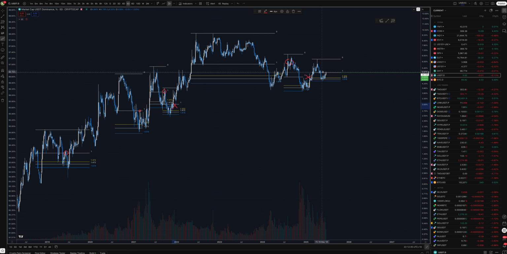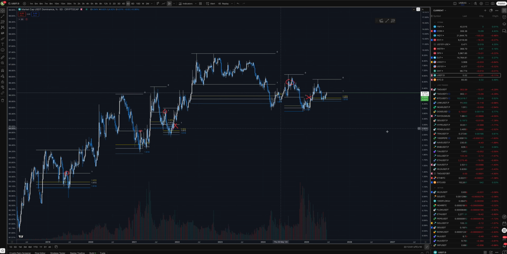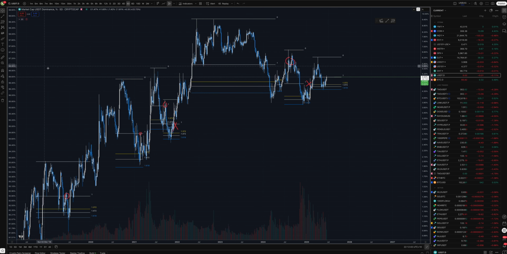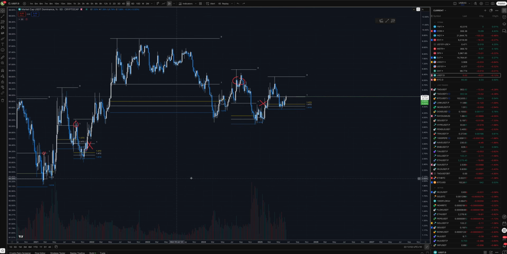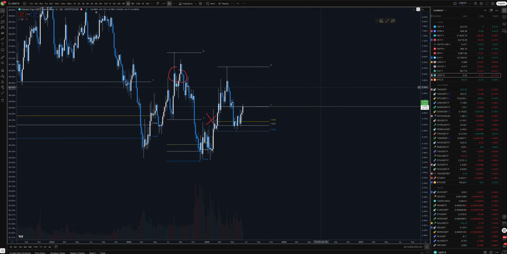Right? So are we guaranteed to bounce from here? No, there's a 4 in 6 chance. But should we bounce, we might expect something similar to this over here, where we extend further, and that's like the last leg of the cycle, right? And how do we measure this? We'll go back to the chart.